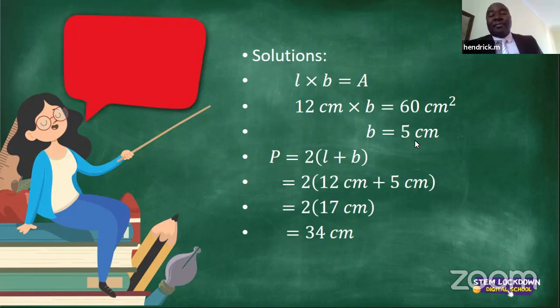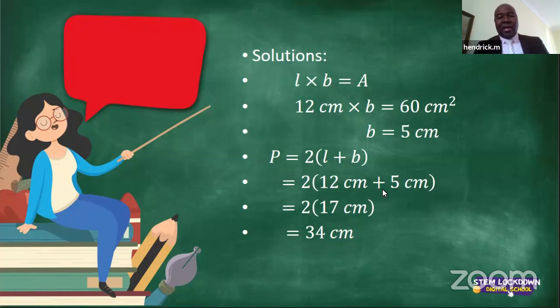Now, the last one, which was just answered by Ntokozo, as you can see, you can also use a formula. You can say your answer will be 2 open bracket L plus B, as you can see there. And of course, your length is 12 and your breadth is 5. If you add 12 and 5, you get 17.